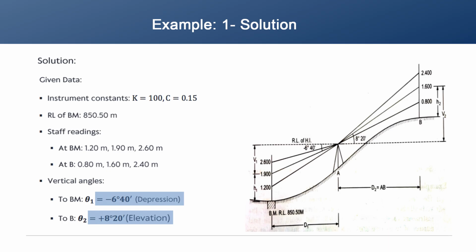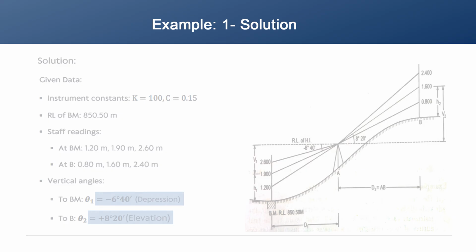This can be easily visualized from the figure that is given for you. Now, the vertical angles to the benchmark denoted as theta 1 is minus 6 degree 4 minutes for depression, and to B theta 2 is 8 degree 20 minutes for elevation.